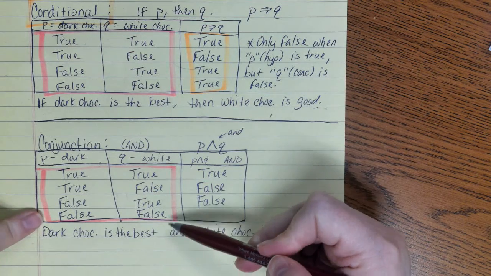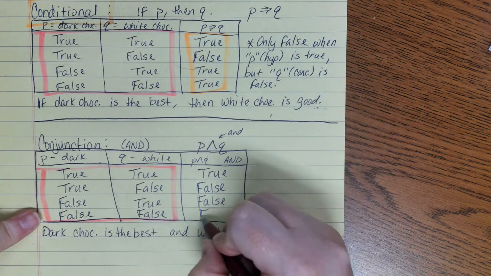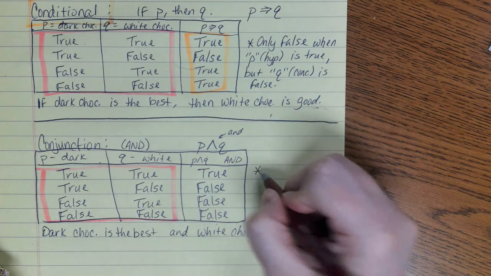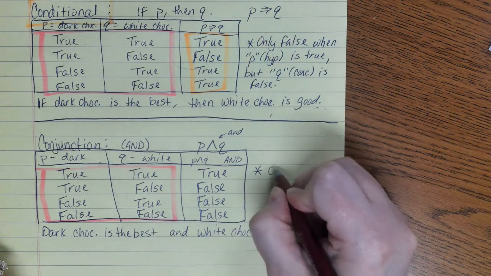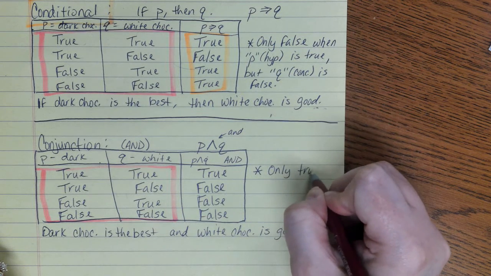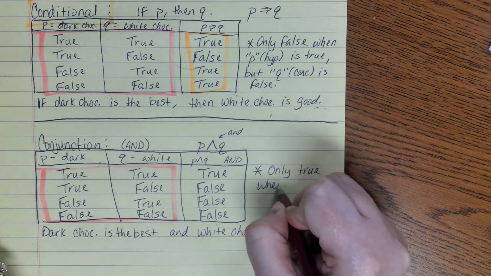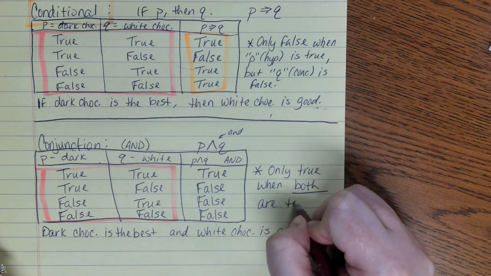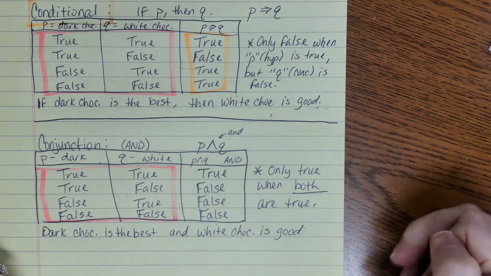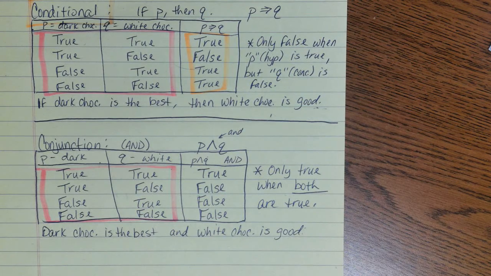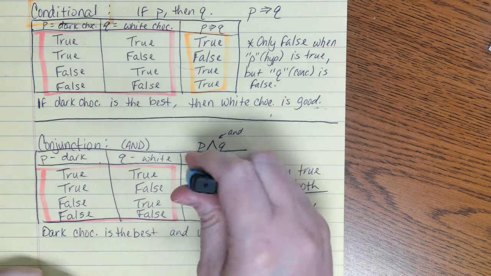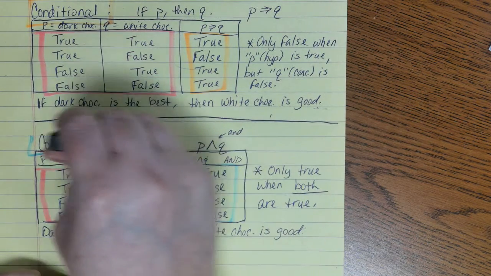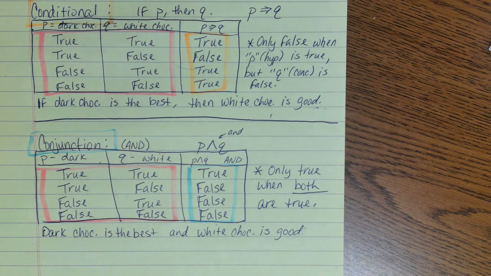And then here? False. Yeah. So good news here is with a conjunction or an and statement, it's only true when both are true. Because and kind of means both. Okay? But good news is these answers match anytime you have a conjunction.